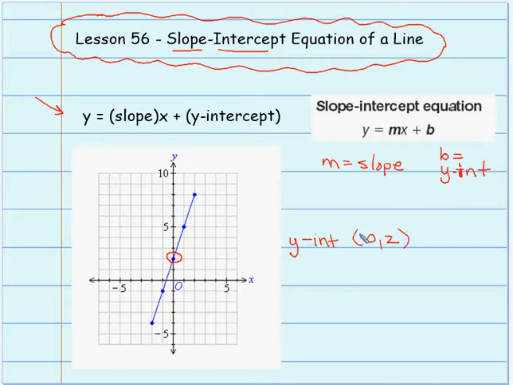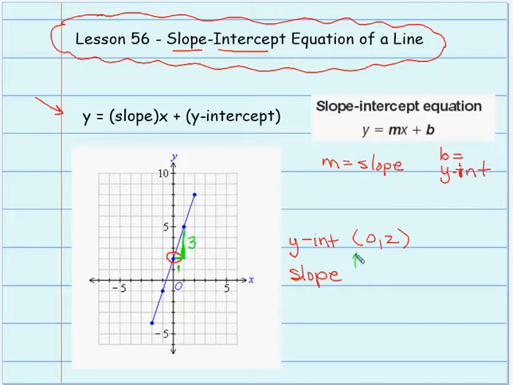Okay? And our slope, remember we have to figure out how far over and up we go. So I'm going to make the little triangle, and if we can determine the distance that we go over, that's 1, and the distance we go up is 3. And remember that slope is always the vertical, the up versus the over.